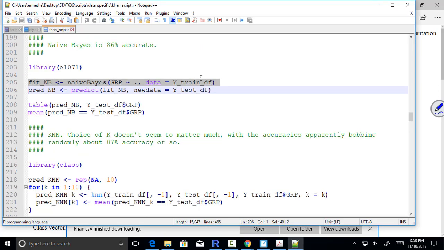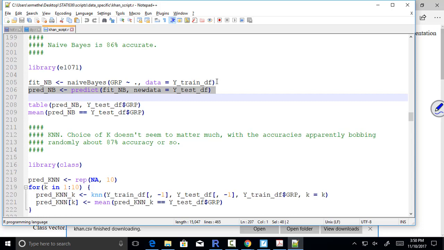So back here, let me just illustrate this and I'll let you go. I have fit the model using my 2/3 training data, and now I'm going to make predictions. Use the fitted model, and now let's plug in the held out test data. The new data I want to make predictions for are the test data. These were not used at all in the previous step. They haven't been touched yet.